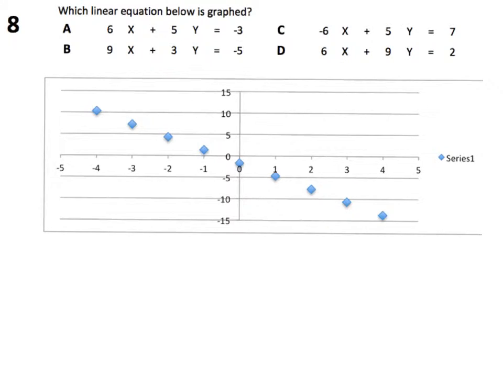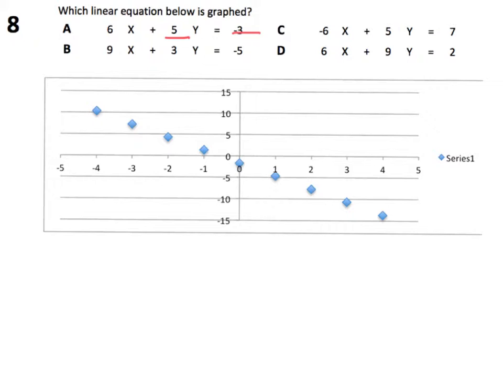Let's see what we can eliminate on this one. Okay, we'll start up there with A. And let's see what we can eliminate just with the y-intercept. -3 over 5. A -3/5. Could this be a -3/5? It's possible.